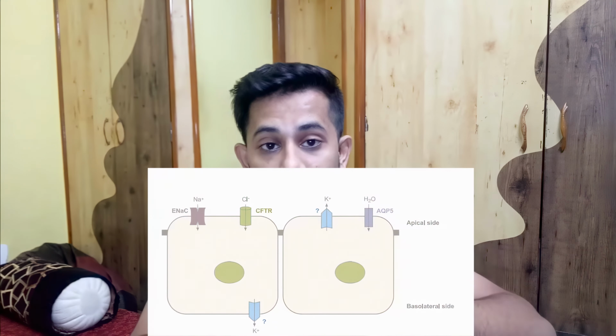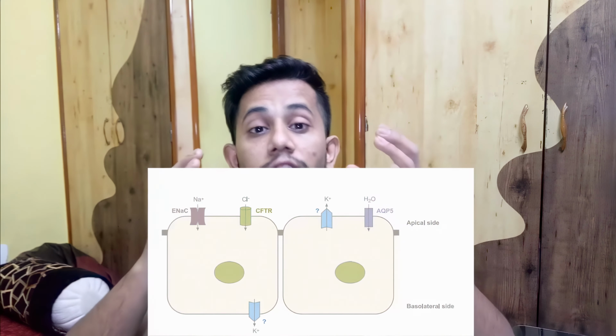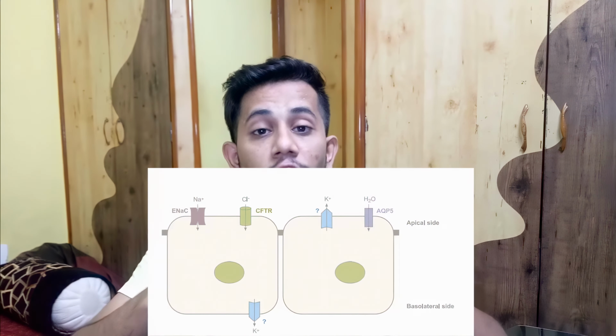Because we need to transport different kinds of structures, let's just say oxygen, glucose and stuff like that, in and out of the organs. So we need the epithelial cells to have channels which can help transport different kinds of stuff in and out of the organs. So a wall has two sides, so does an epithelial cell.